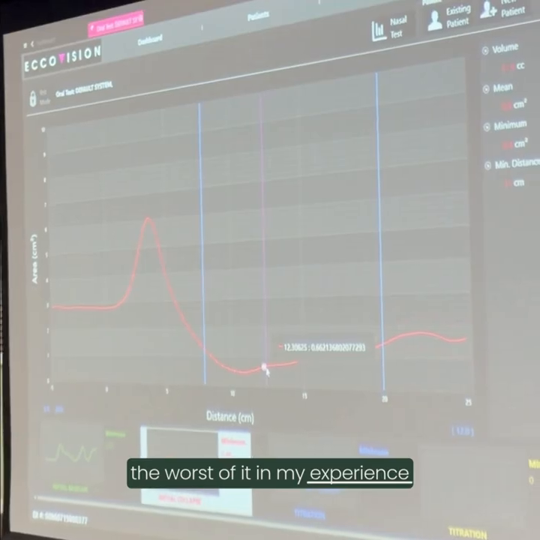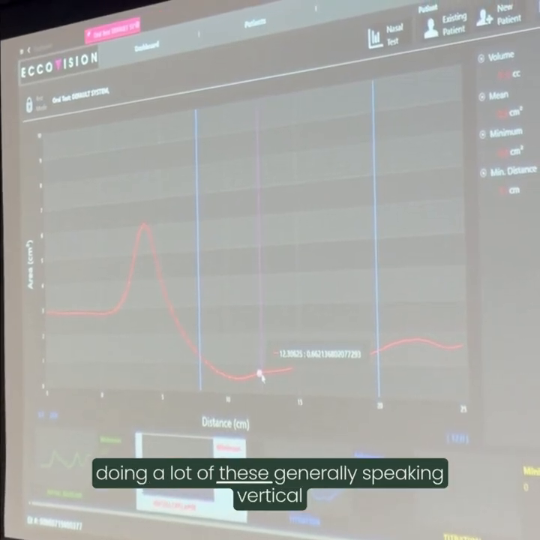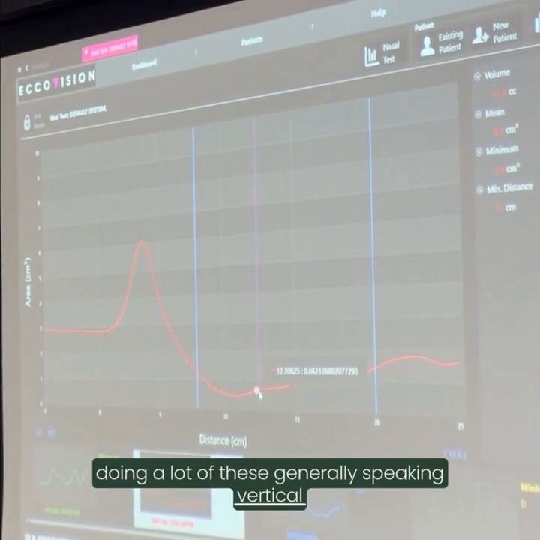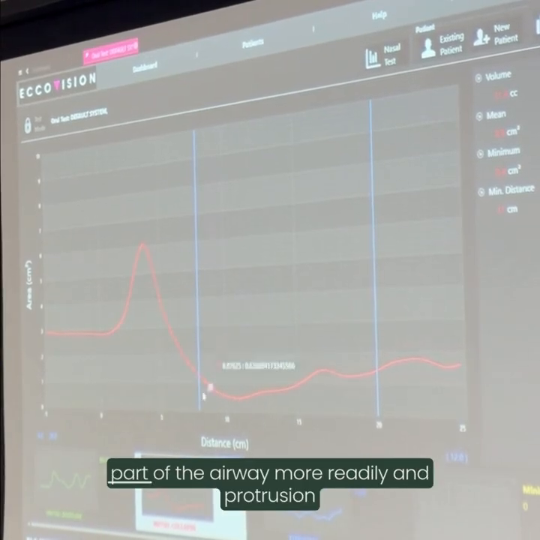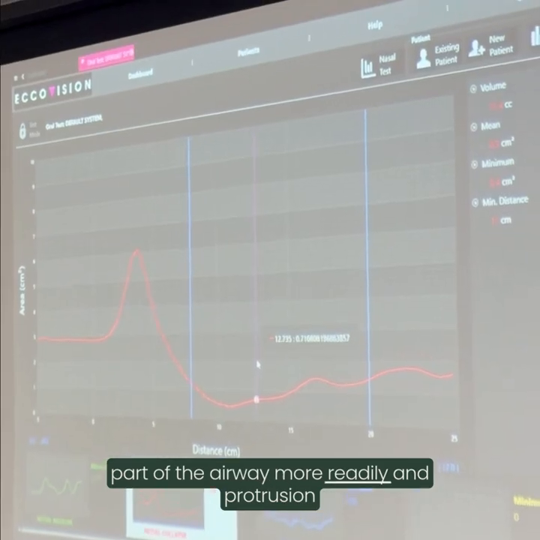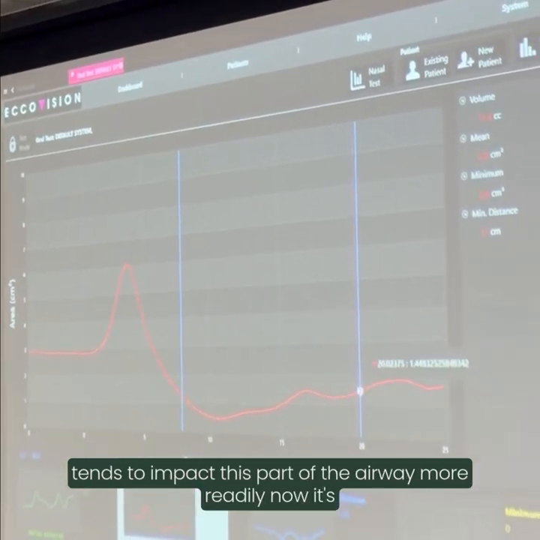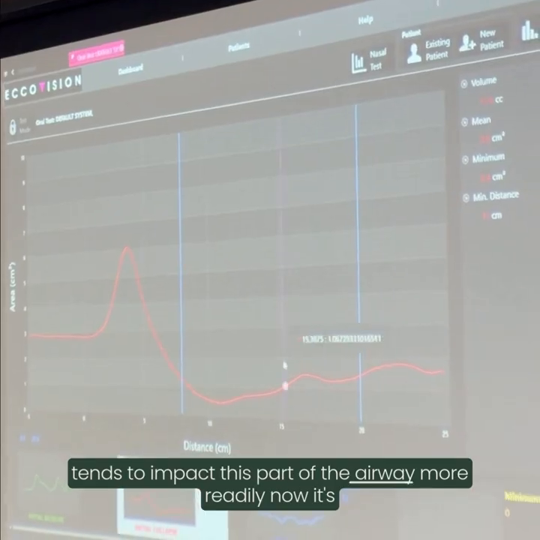In my experience, doing a lot of these, generally speaking, vertical tends to impact that part of the airway more readily, and protrusion tends to impact this part of the airway more readily.